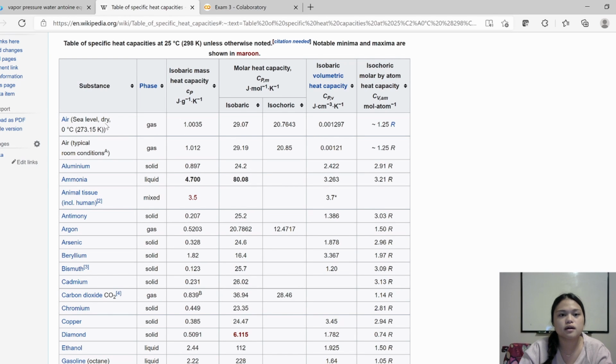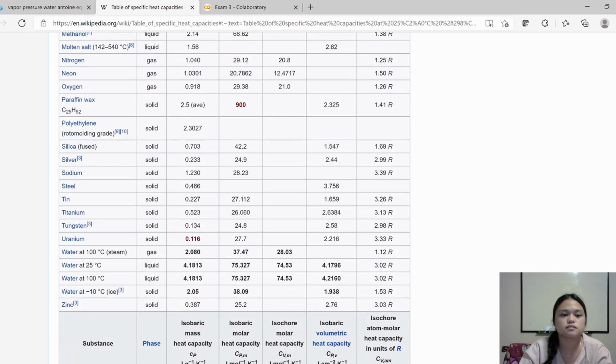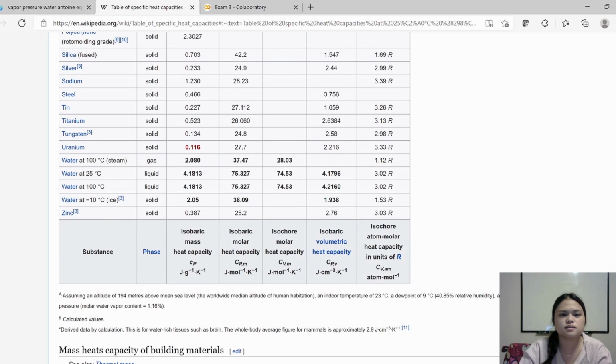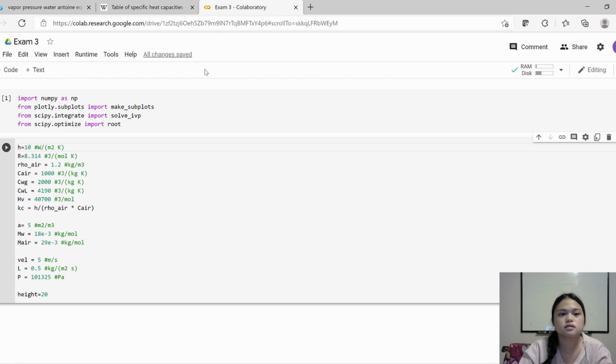Like here we have some for air, and it's just about 1,000 if you put it into kilograms. And here's for water, and it's about 25 degrees Celsius for that feed air. So we can just round it to that 4,190 joules per kilogram per Kelvin.